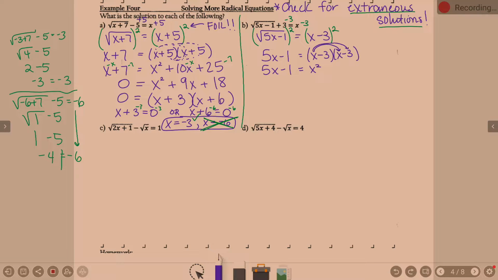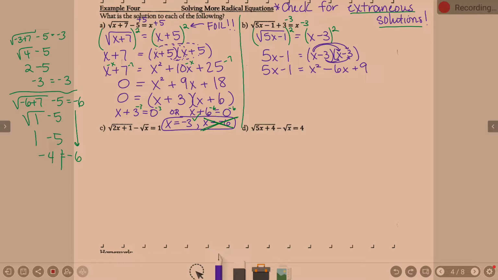X times minus 3 is minus 3x. And realize when you're FOILing something by itself, it just becomes another one, doesn't it? Minus 3x and minus 3x is minus 6x. And minus 3 times minus 3 is plus 9. If you leave out that middle term, it makes a difference, doesn't it? Totally changes the problem.